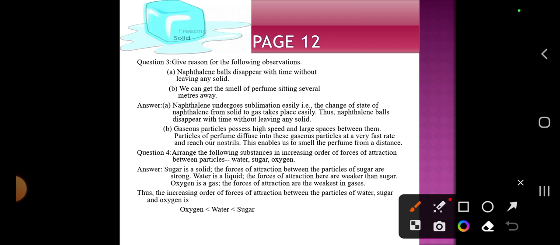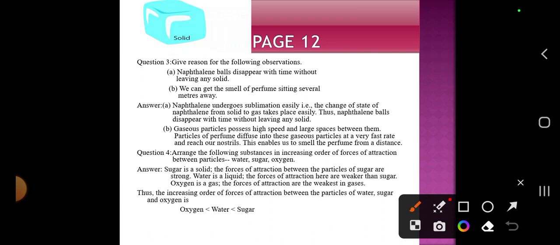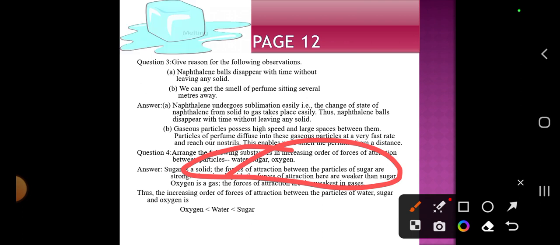Question 4. Arrange the following substances in increasing order of forces of attraction between the particles: water, sugar and oxygen. See friends, as we know, sugar is a solid, and a solid substance always has a larger force of attraction than other substances. Water is a liquid, so its force of attraction is weaker than sugar's.